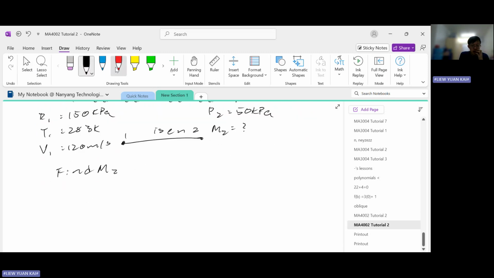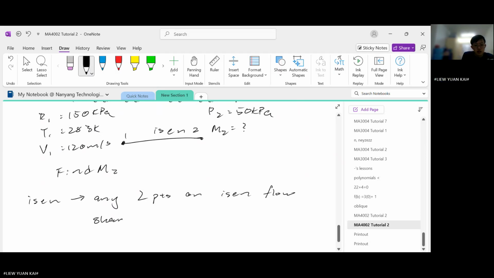This is isentropic flow. So what is special about isentropic flow? As I mentioned before, the special thing about isentropic flow is that any 2 points on the isentropic flow share the same stagnation conditions. This is a critical fact of isentropic flow.